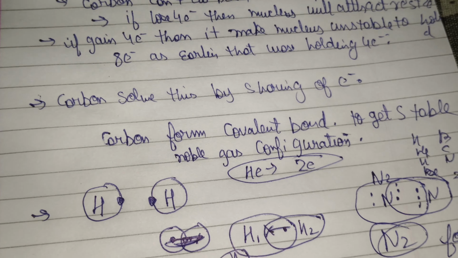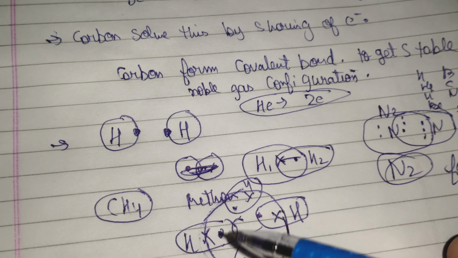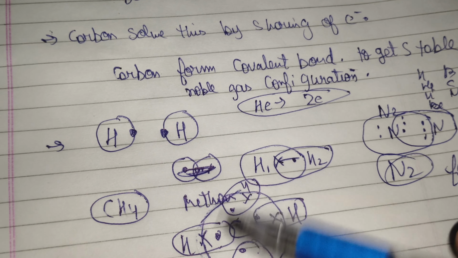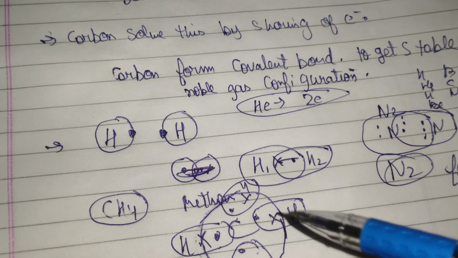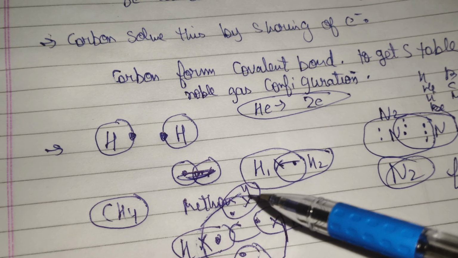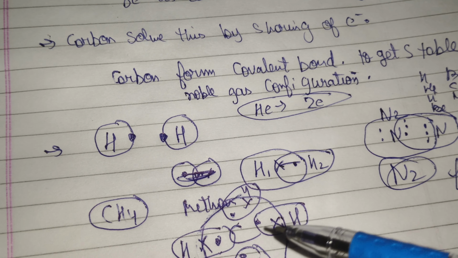As we see in the case of methane, the dots represent the carbon electrons and the crosses represent the hydrogen electrons. When we use dot and cross, it stabilizes the hydrogen valency, and the same for carbon, it stabilizes the carbon valency.